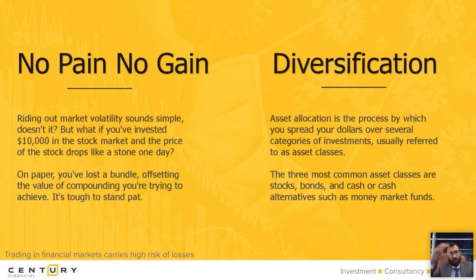On paper, if you have that trade, you have lost a bundle. And obviously there is no compounding because you just saw your stocks crashing. So that particular year is not going well for you. There's no denying it. And volatility is part of the financial market, so you have to live with it.